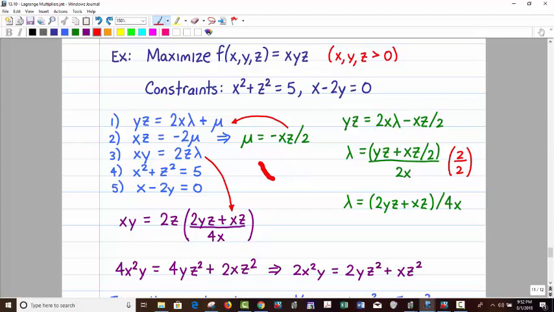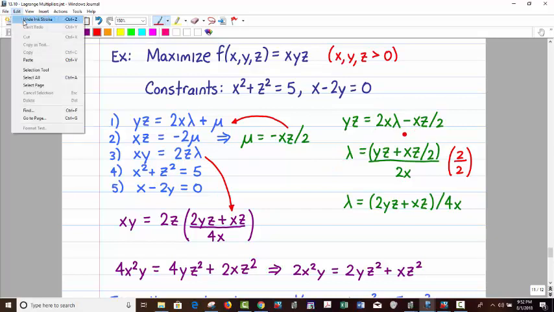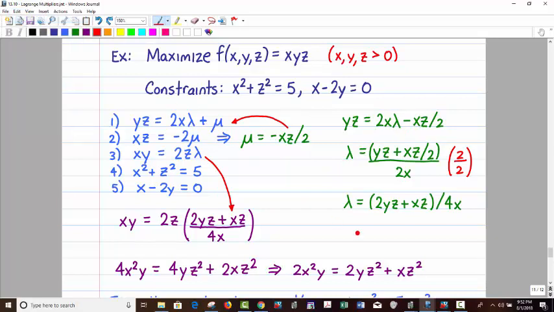But it looks like I took the second equation and plugged it into the first to get this, and then solved it for lambda, and I multiplied everything here by 2 over 2 just to get rid of that complex fraction, so that 2 wasn't there anymore.